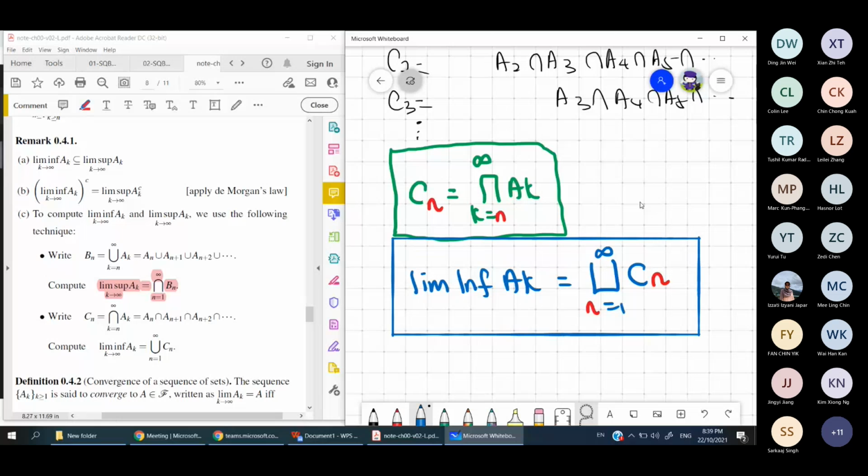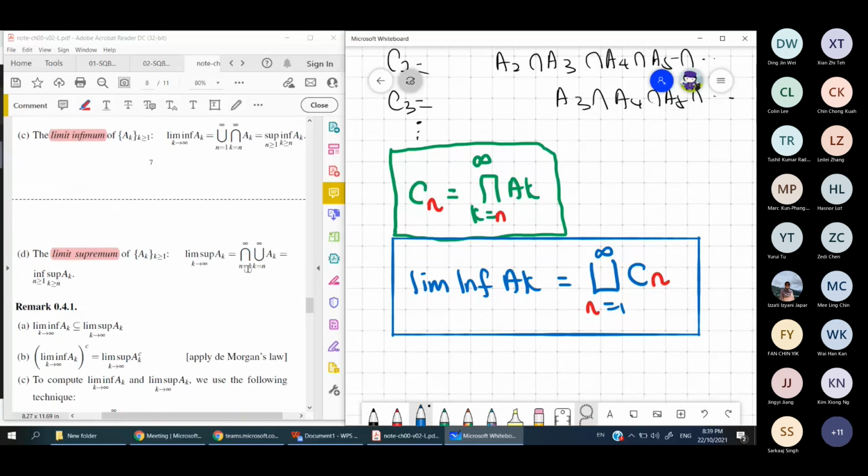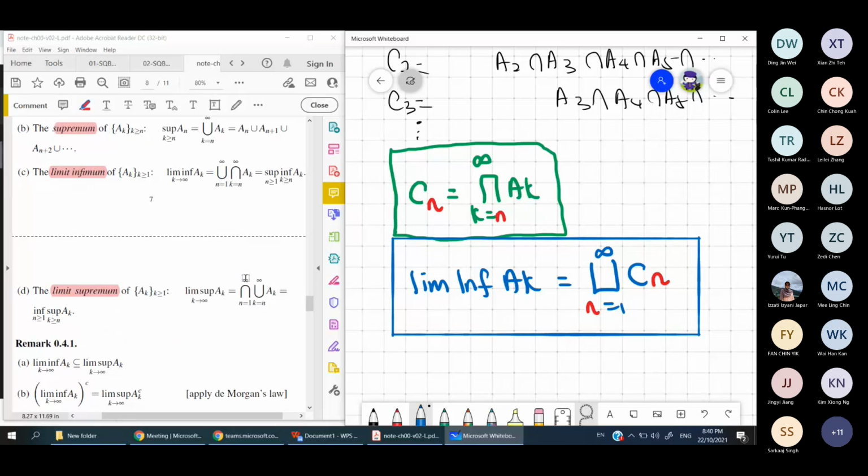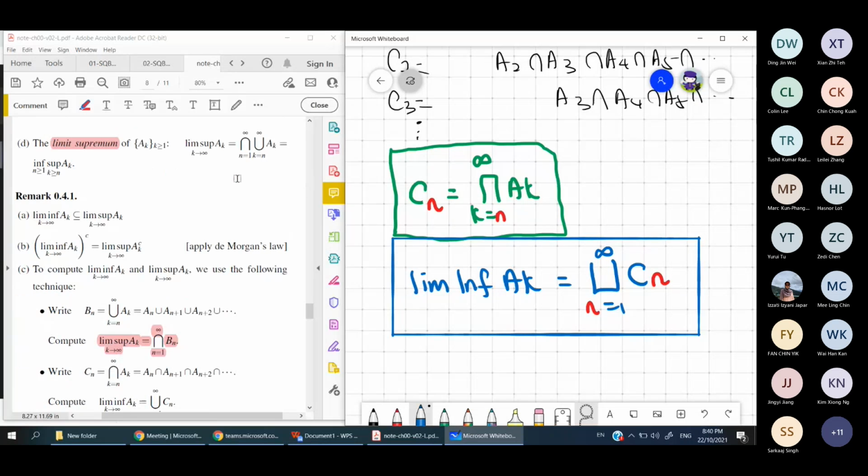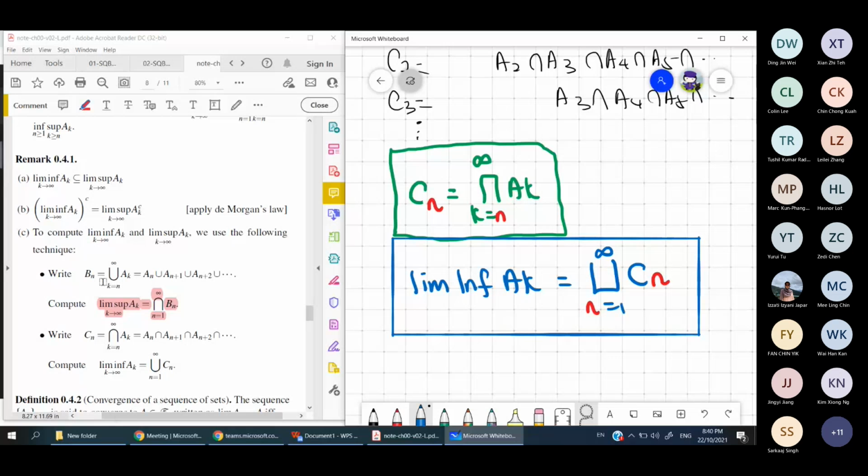If you follow this actual definition, it might be a little bit complicated. However, what you can do is follow this procedure to do it step by step.